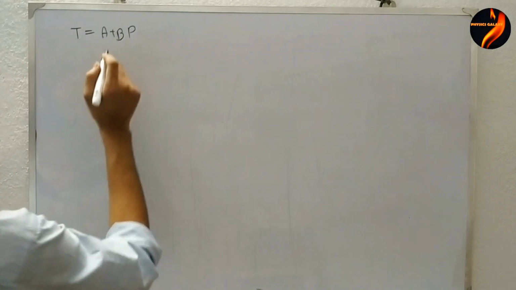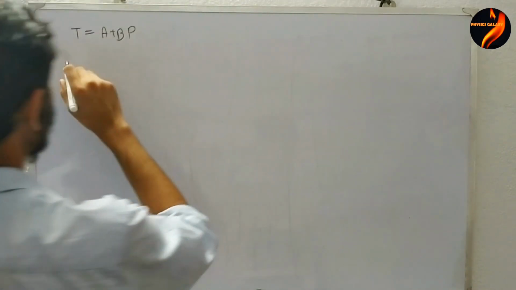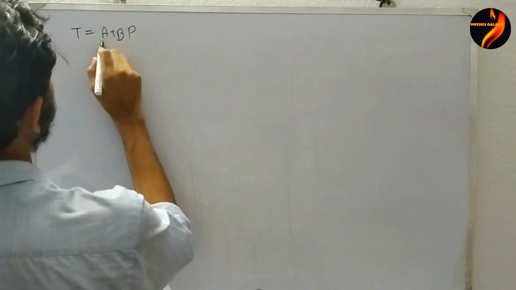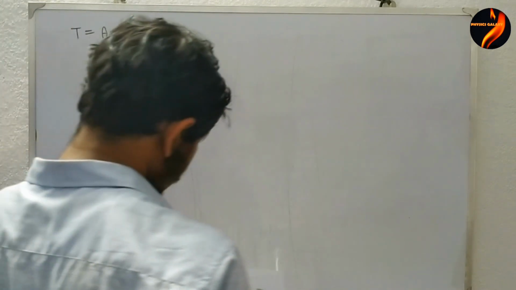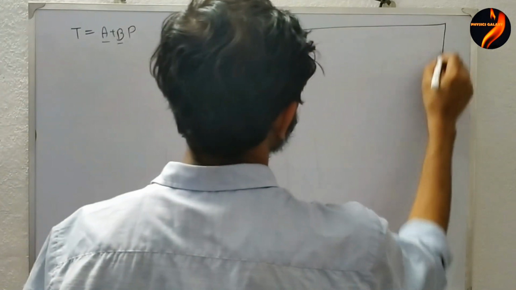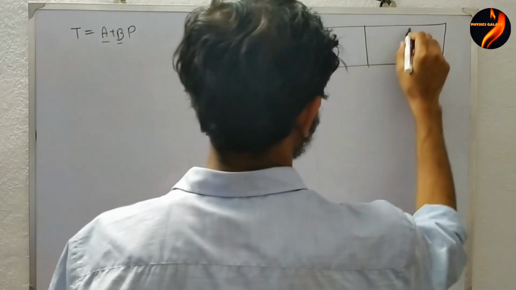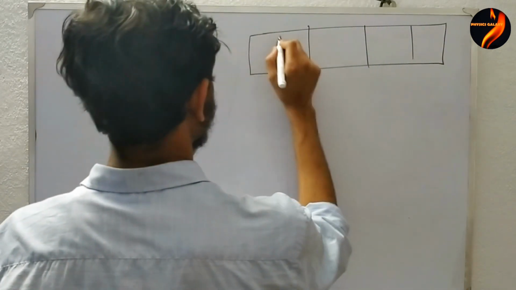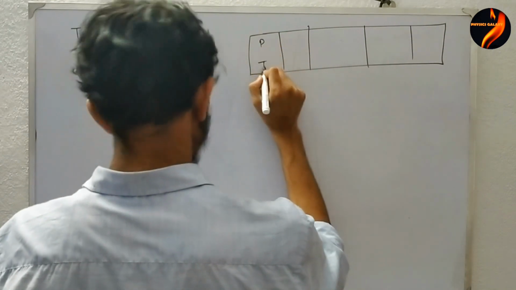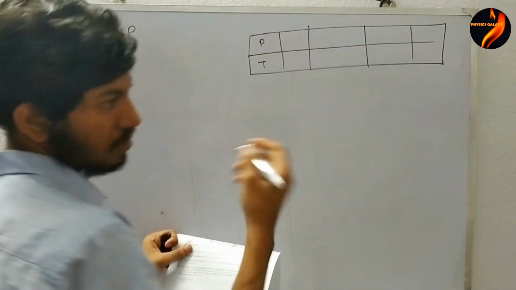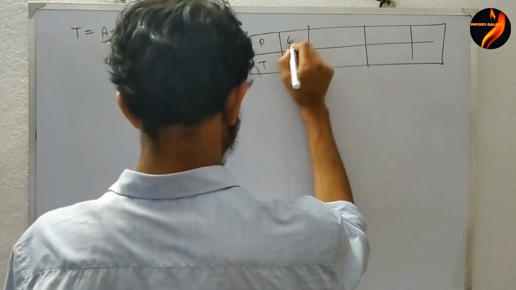So basically there is a table of T and P, and we have to find the values of A and B. This is the P and this is the T, and the units are mentioned here.